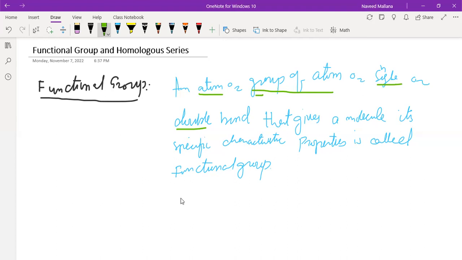An atom, let's suppose a halogen atom is added in the hydrocarbon or the organic compound. It is an atom. Second one is an OH group added to the molecule, which is a group of atom.